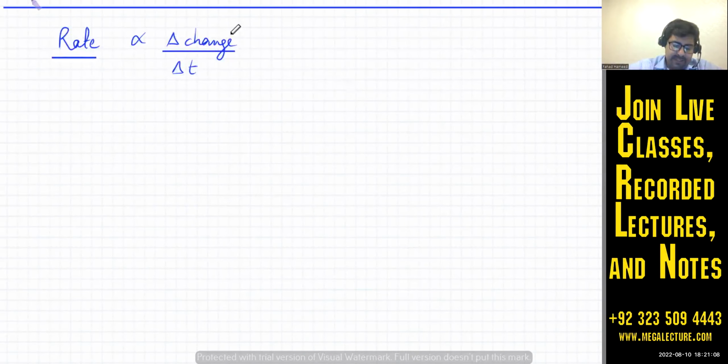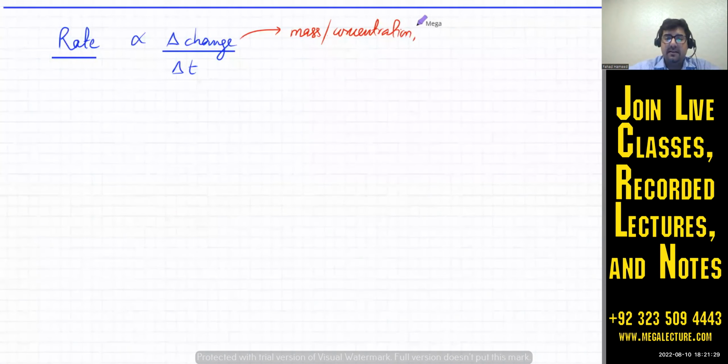So when you talk about change, it could mean many things in chemical reactions. It could mean a change in mass. So you can measure how quickly a particular mass changes over time. You can talk about concentration of something changing over time. You can talk about any measurable or observable change, like the volume of gas, okay?